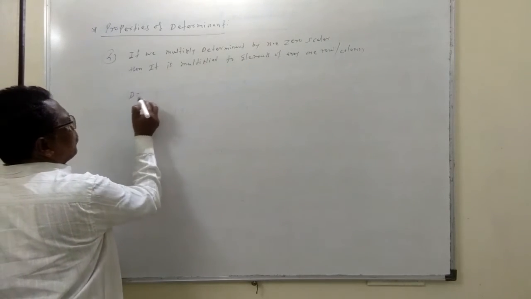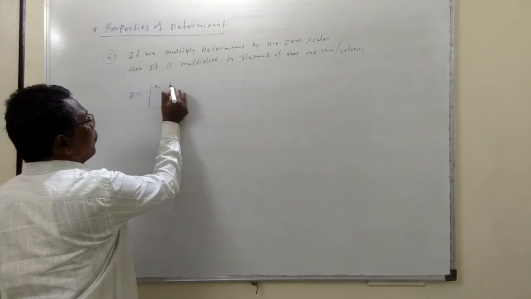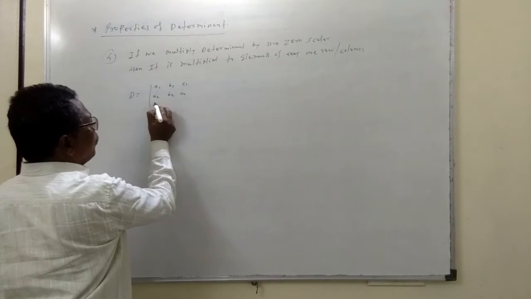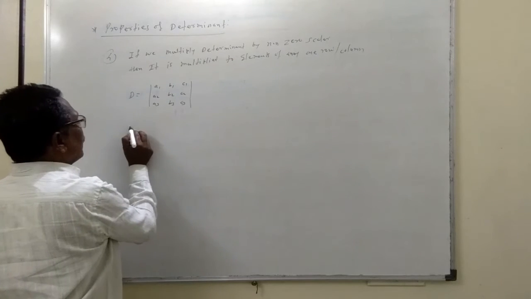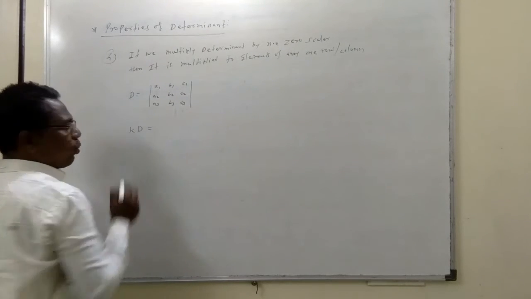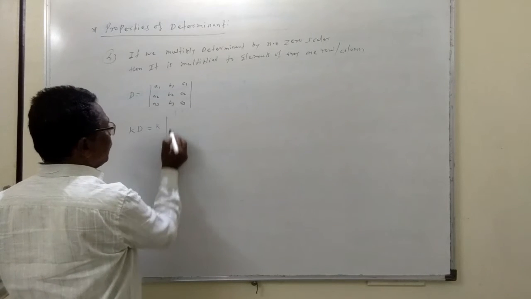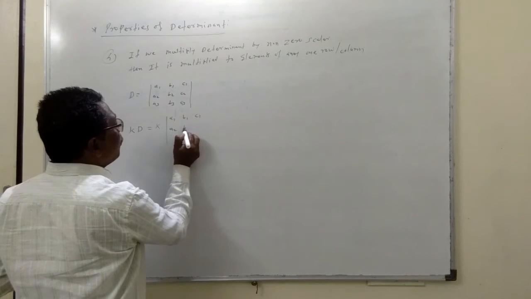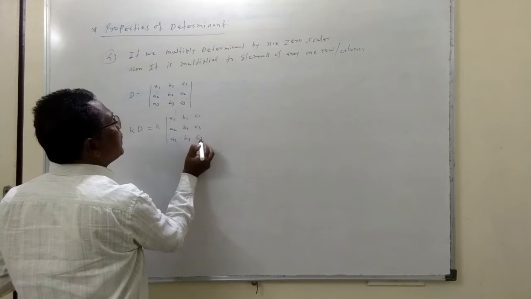So D is equal to, suppose we consider determinant A1 B1 C1, A2 B2 C2, A3 B3 C3. Now K into D, so K is a non-zero scalar, we are multiplying to the determinant, so we get K into determinant A1 B1 C1, A2 B2 C2, A3 B3 C3.